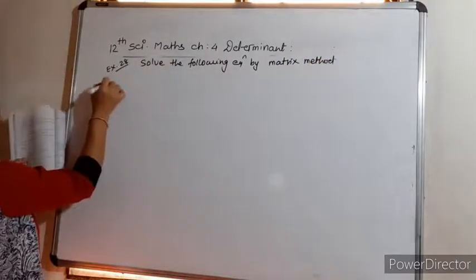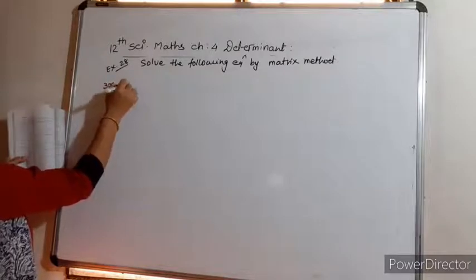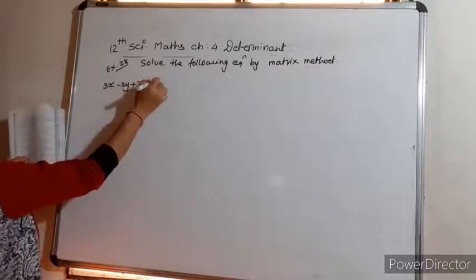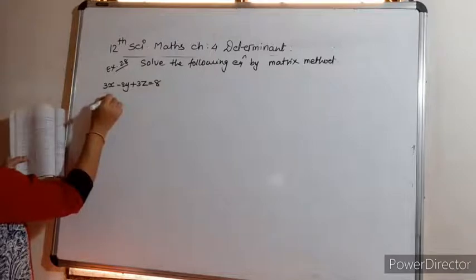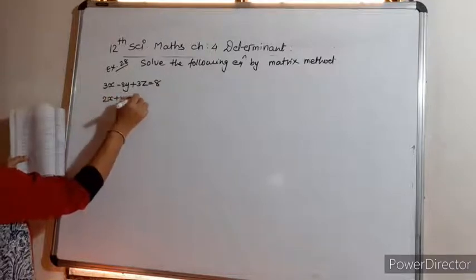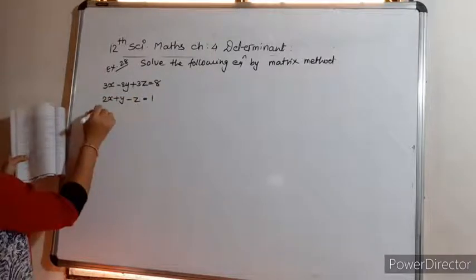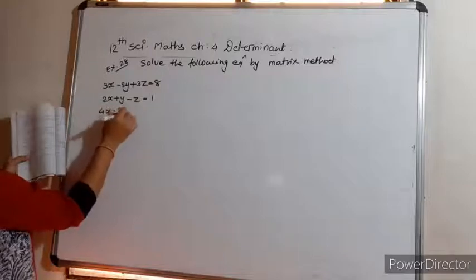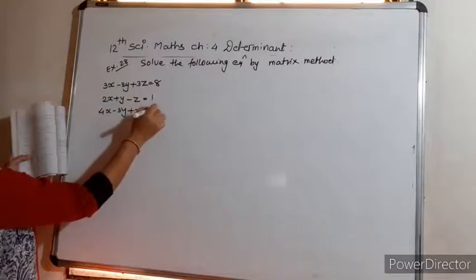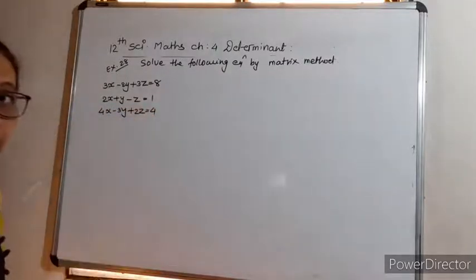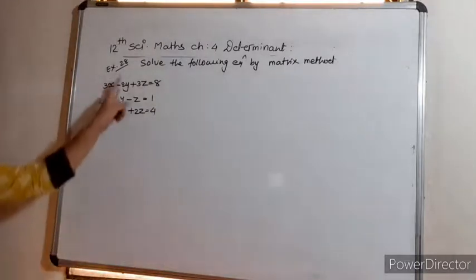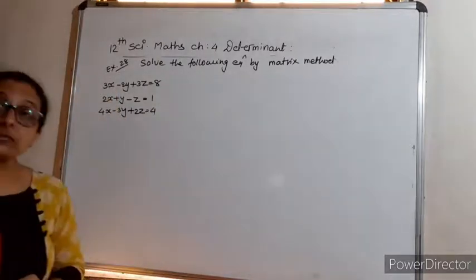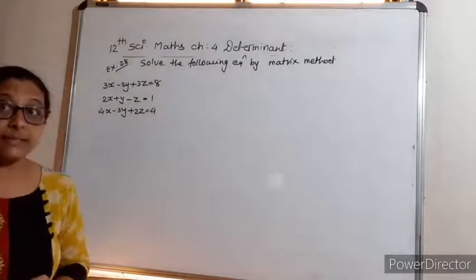It is 3x minus 2y plus 3z is 8. 2x plus y minus z is 1. 4x minus 3y plus 2z is 4. Here are the given 3 equations now. So it will form a 3 by 3 matrix, right?